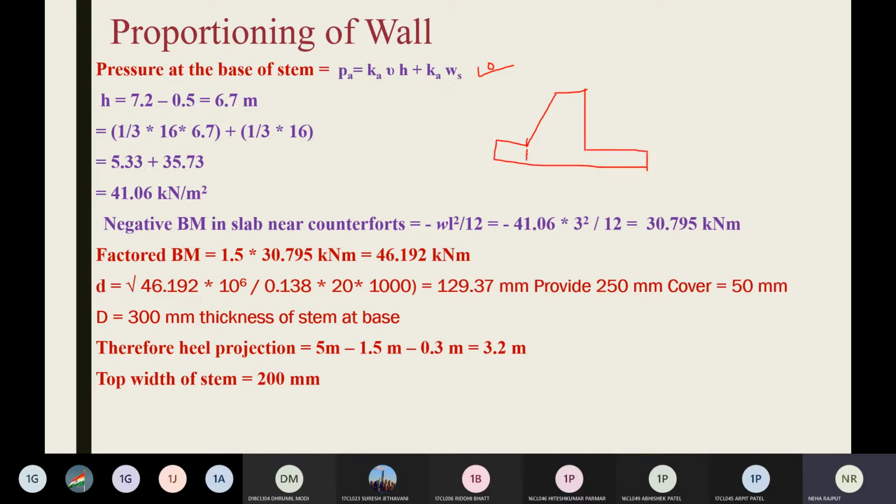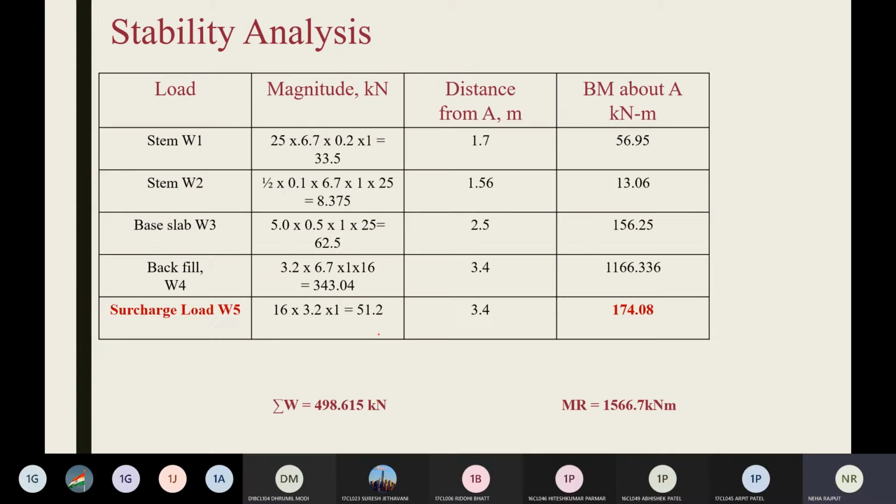So either you can assume this value, and half of that will be your top value, or you can use this process. This process also I have explained in cantilever retaining wall, that you just find the pressure at this point, and then after you can find the remaining value. So this step is mentioned over here.